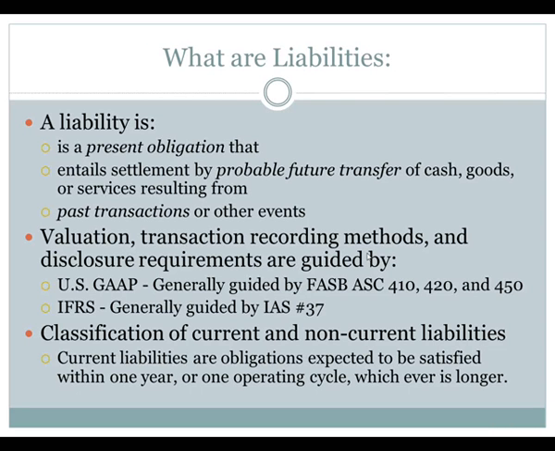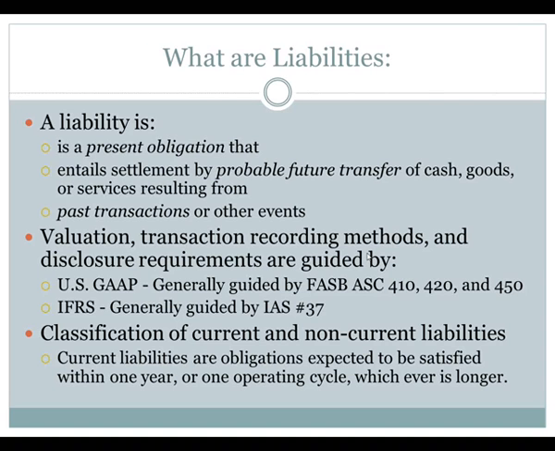Also related to the issue of liabilities is the classification of liabilities. We know that the basic balance sheet is assets equals liabilities plus shareholders' equity. And when we go to prepare a balance sheet, we generally have to separate current liabilities from non-current or long-term liabilities.